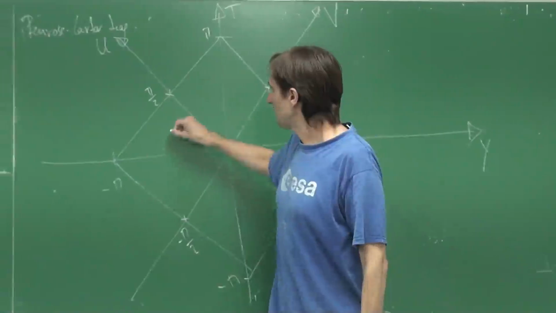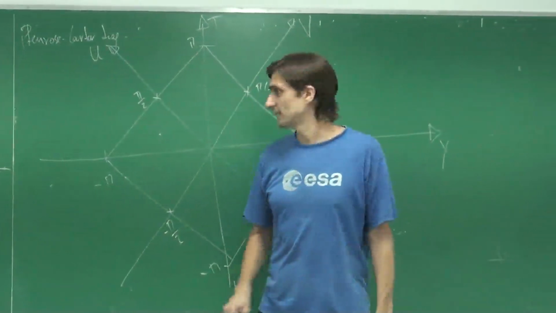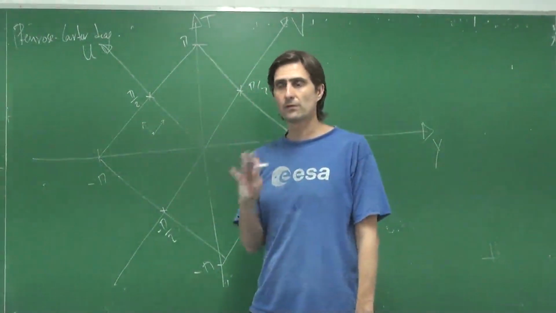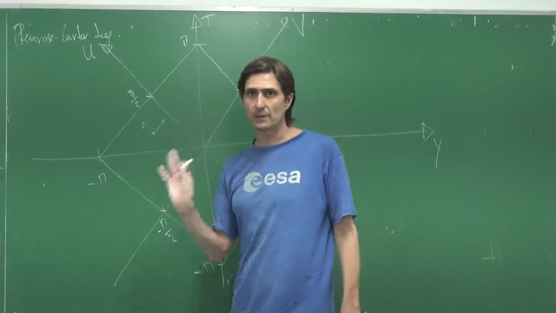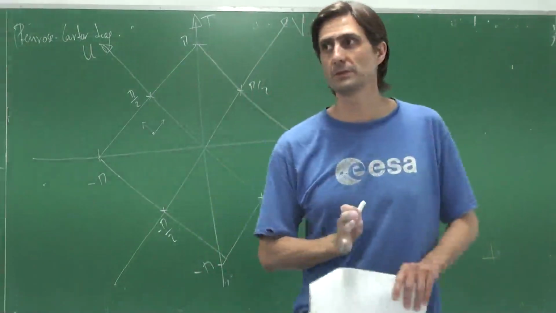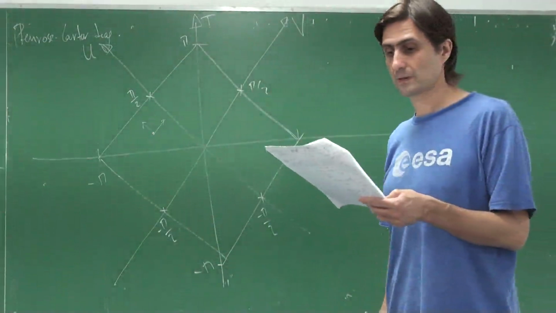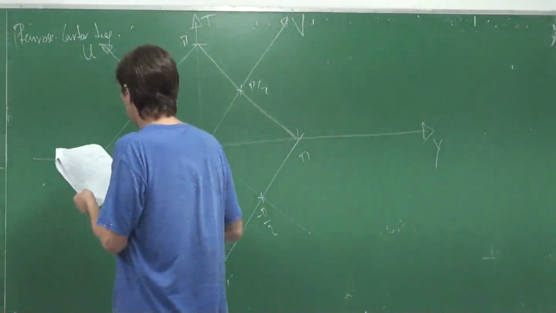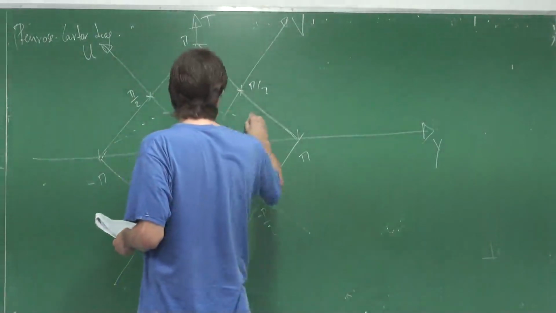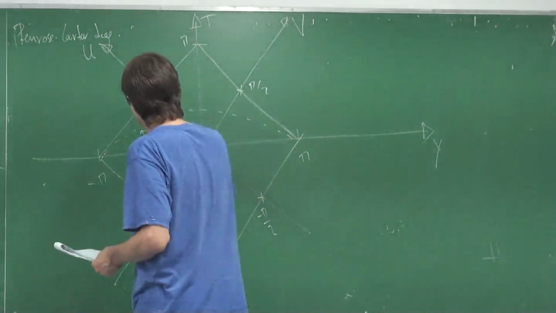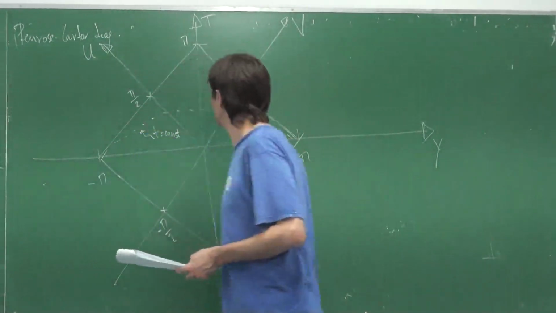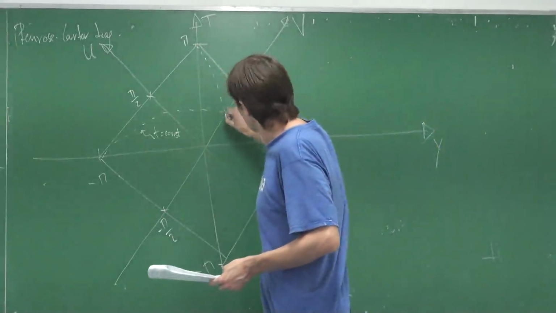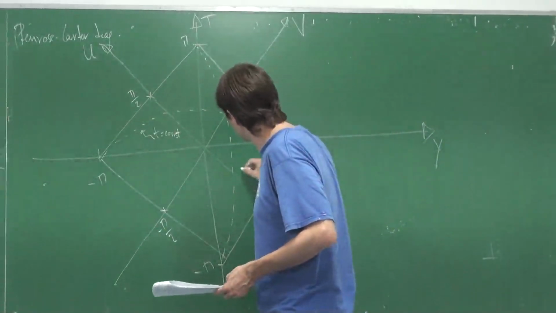If you are at a point here and you emit light, light will go in this direction, always at 45 degrees, capital U constant or capital V constant, depending on which direction light is going. T equals constant is a curve of this type, and Y equals constant is one of this type.